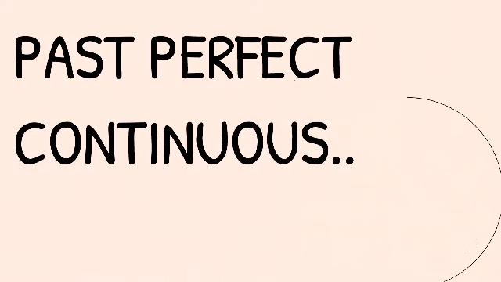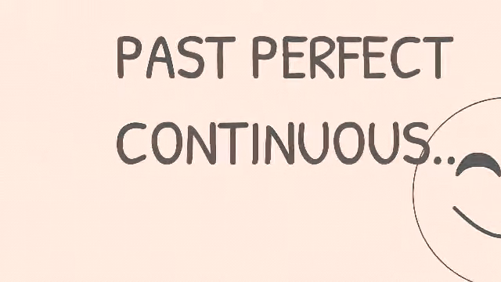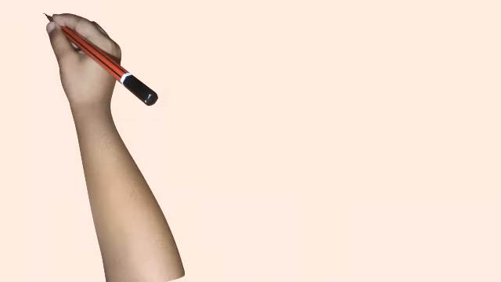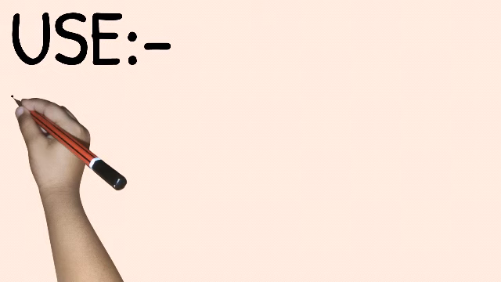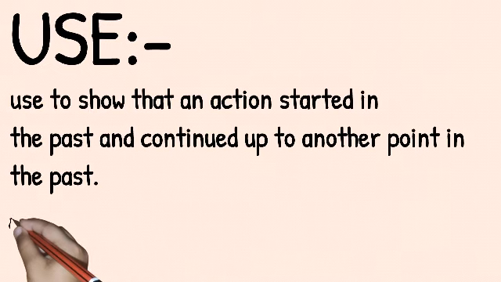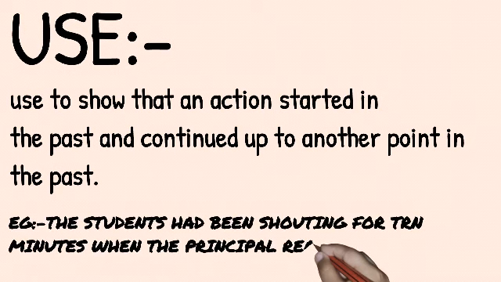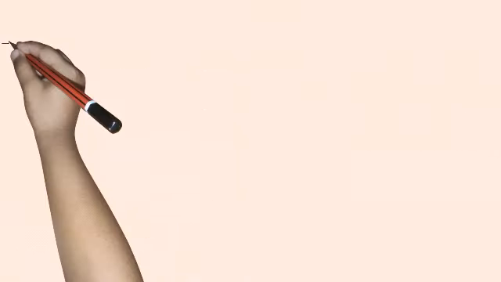Now we'll be doing past perfect continuous. That is our last tense of the past. We will look at the use for it. It is used to show an action that had started in the past and continued to another point in the past. Started in the past and already finished in the past, but related to some point. Example, the student had been shouting for 10 minutes before the principal arrived.